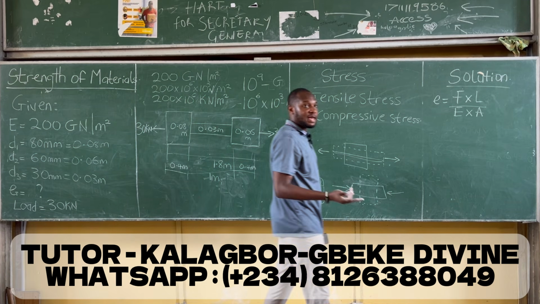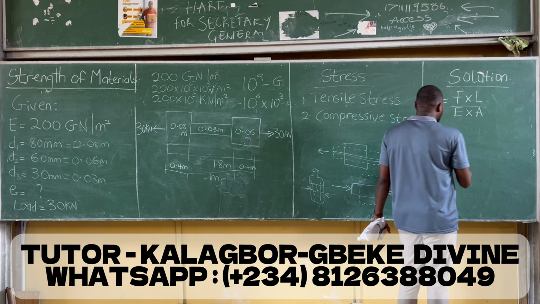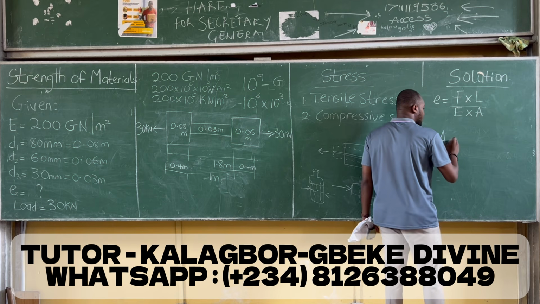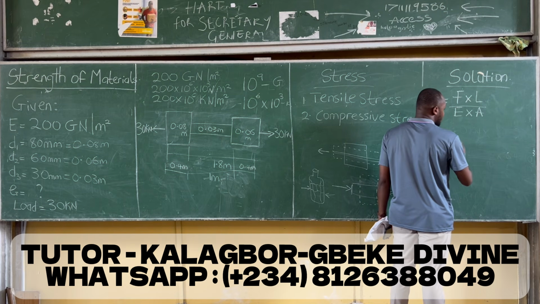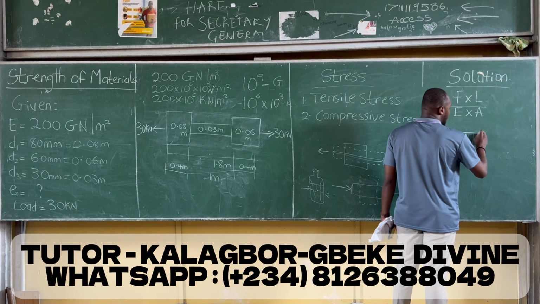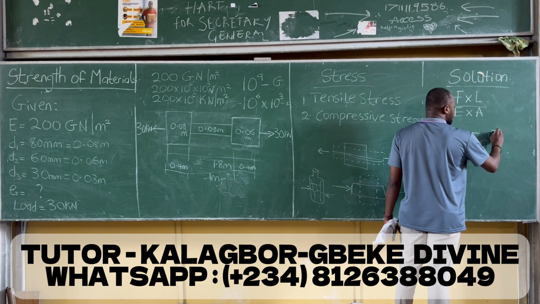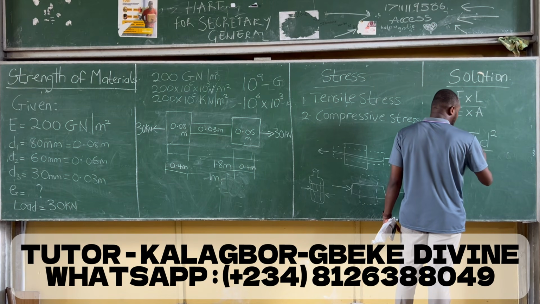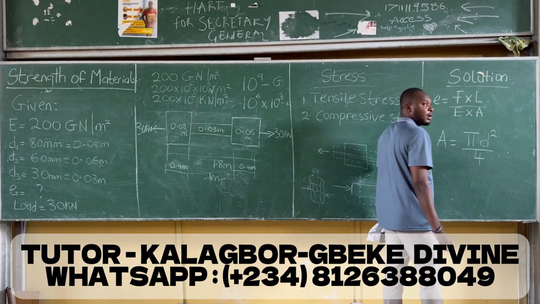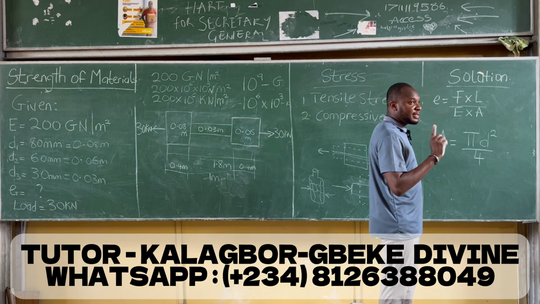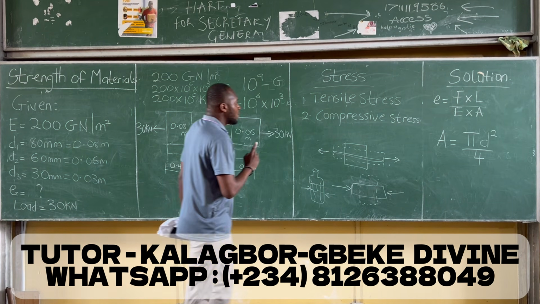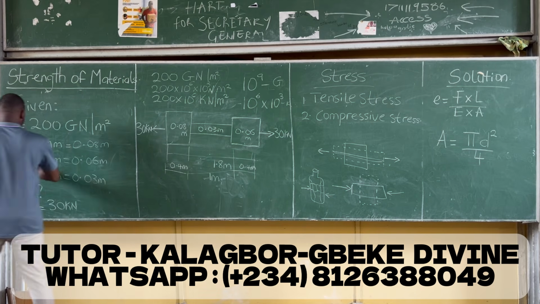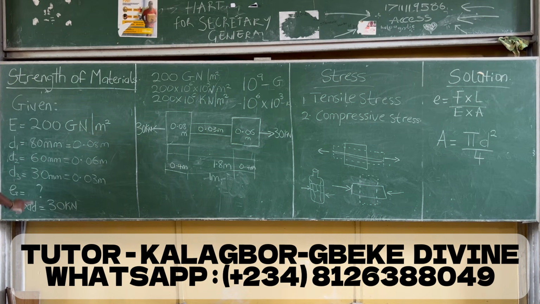So we have different areas. Why? We know that area is equal to what? Pi d square over what? 4. And we have three different diameters. Take note. We have the first diameter, the second diameter, and the third diameter.